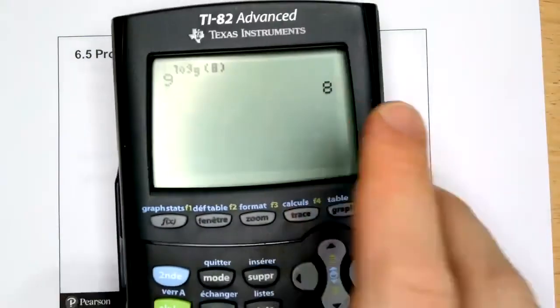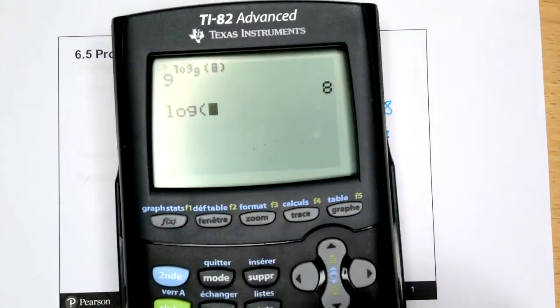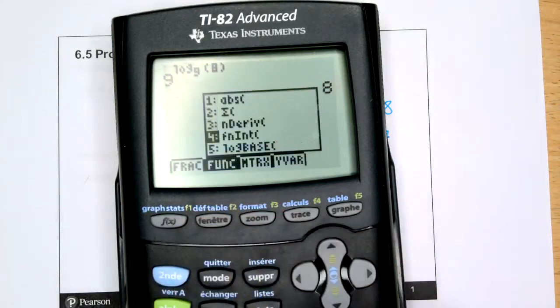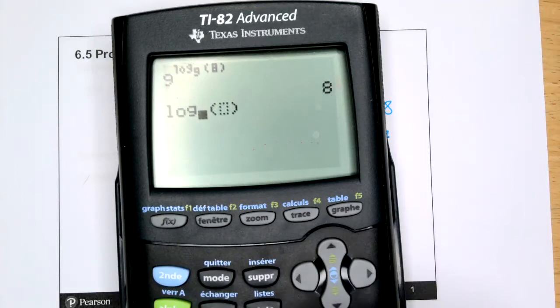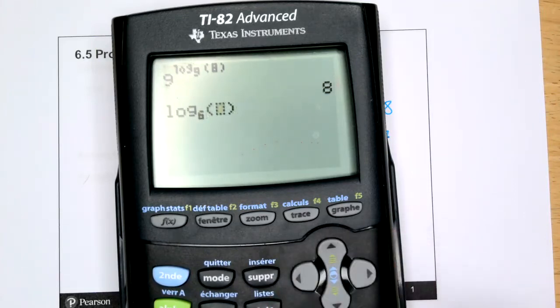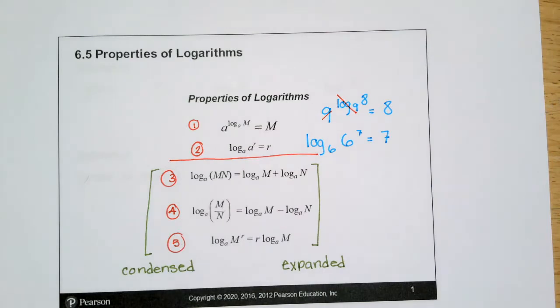And then we have, starting with log, just because it's easier to see, I'm going to use only log base. So log base 6 of 6 to the power of 7 gives me 7. And if I were to change those numbers, obviously the rule would stay the same.